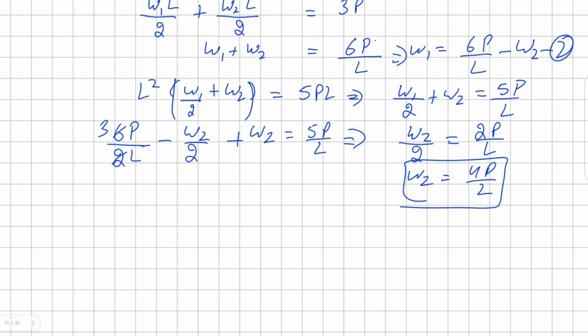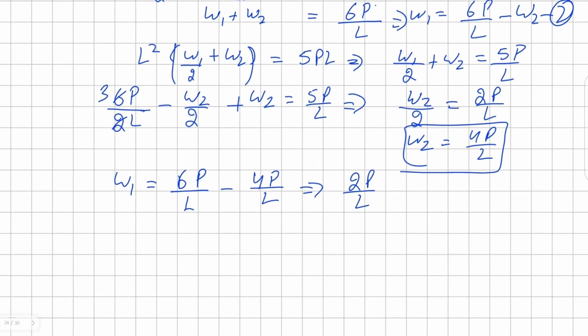And for our W1, all we have to do is plug the value of W2 into equation 2. It's going to be 6P divided by L, take away 4P divided by L, and this comes up to be 2P divided by L.